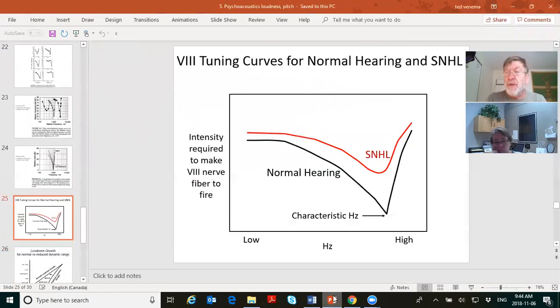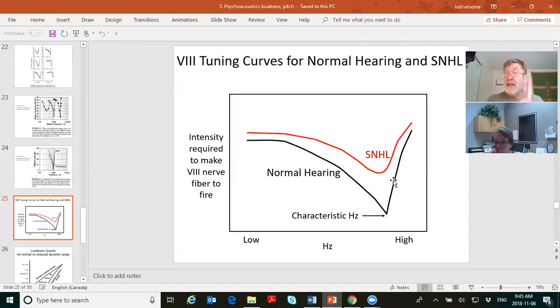The red. Here you might have some particular fiber of the eighth nerve, and the black tuning curve would describe it. One particular frequency gets that fiber to fire, and other frequencies you need way more intensity to get that fiber to fire. With hair cell damage, you're looking at the red.